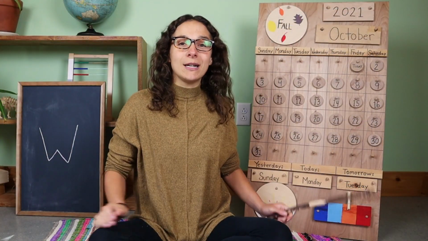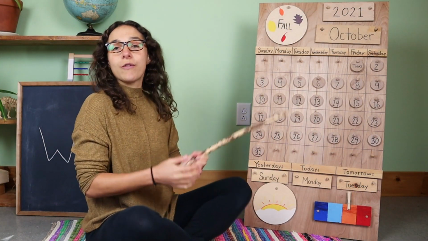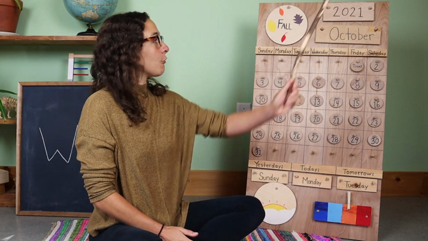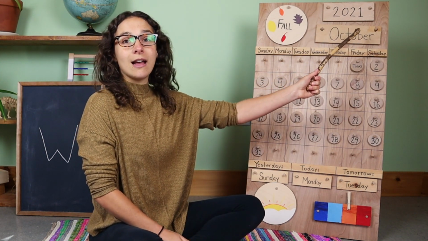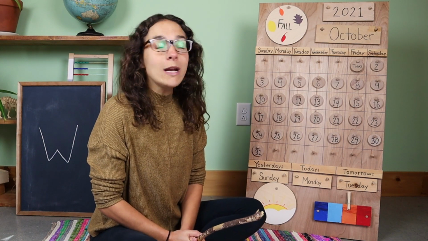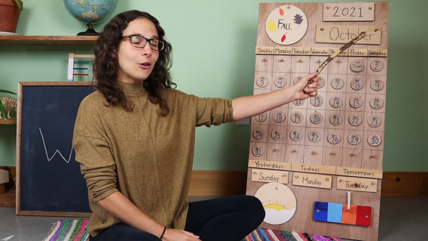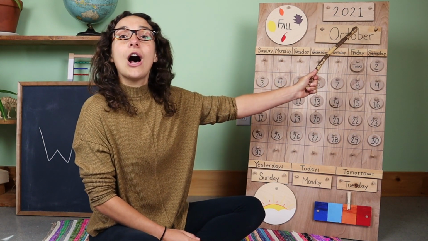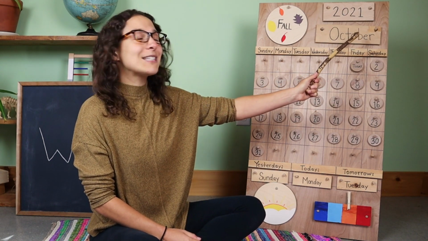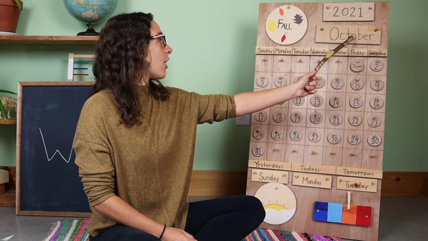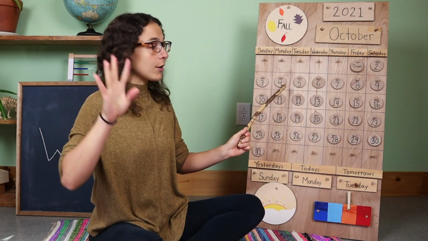Now let me grab my pointing stick and let's go over the date together. Right up here we have the month. The last time we met, we started a brand new month. Do you remember what it's called? October. That's right. Today is October 4th.